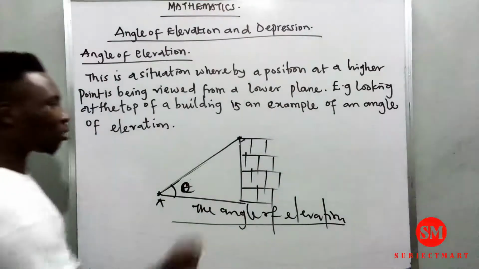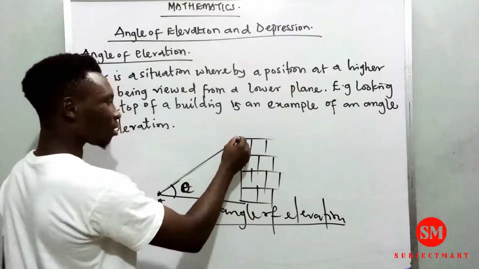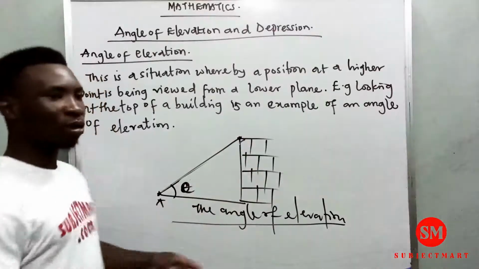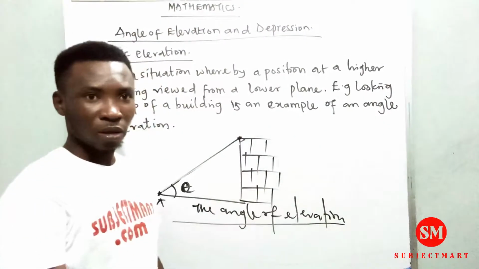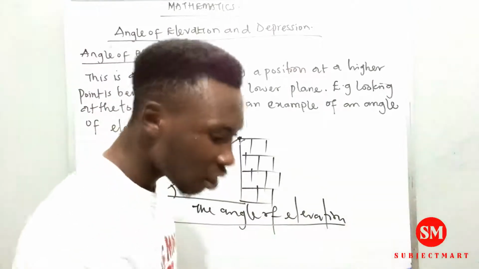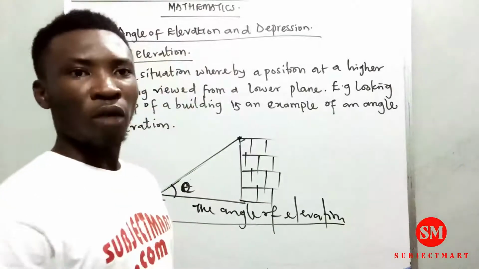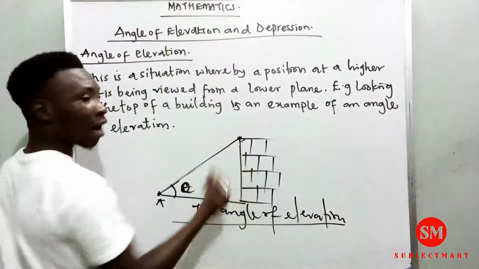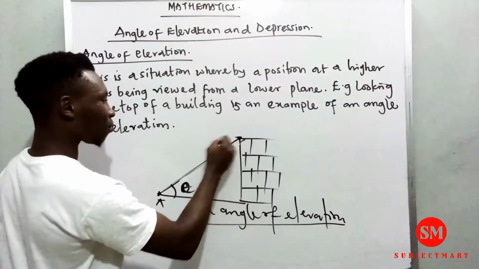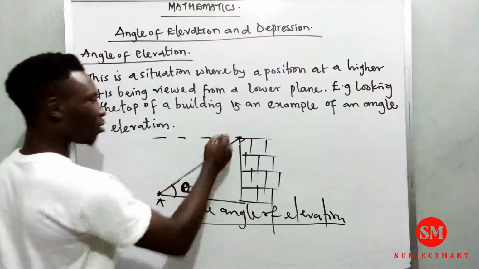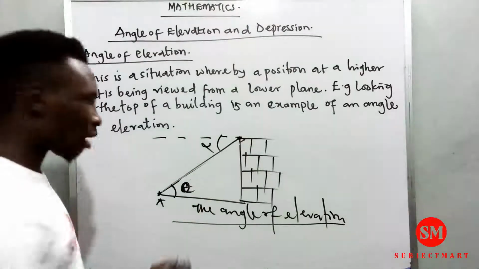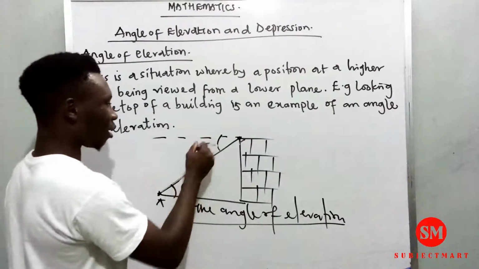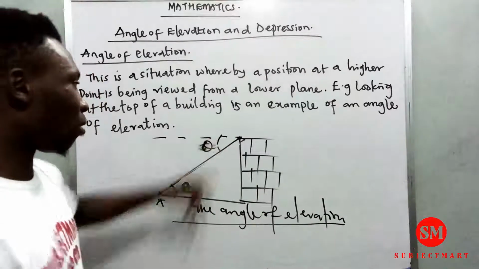Now, angle of depression means looking from the top to the ground. So if I look down, it is an angle of depression. And this is your angle of depression here, your phi. So you can now say, okay, let's call it theta. Your theta here is your angle of depression.